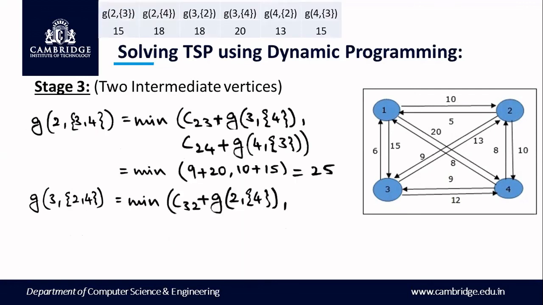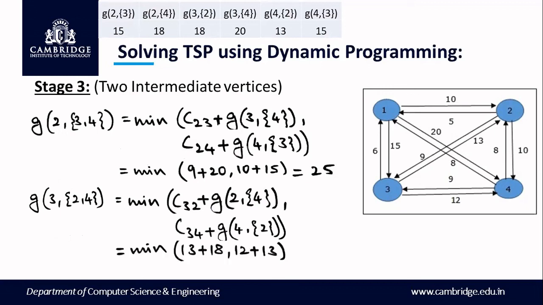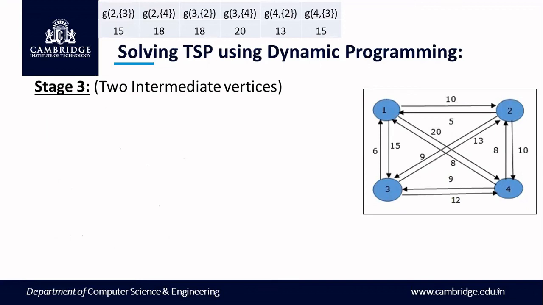In stage 3, we have two intermediate vertices before which a vertex can reach back to its source vertex. Whenever there is more than one vertex in the connectivity set, we get a choice. We can choose the best path possible, that is the least cost path possible.